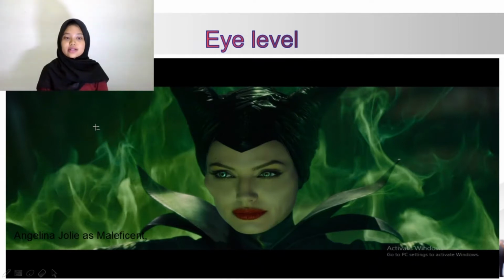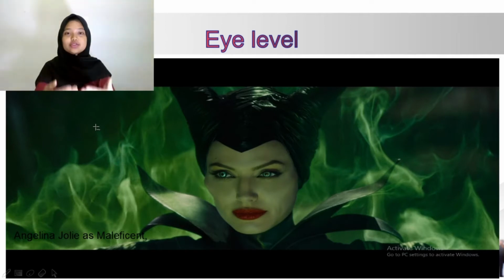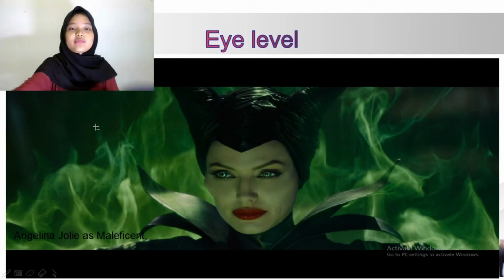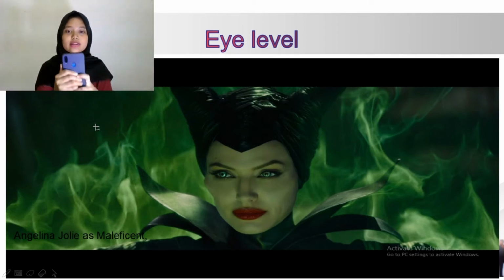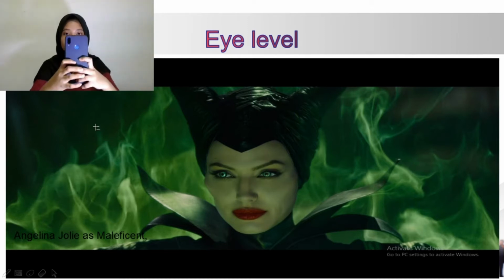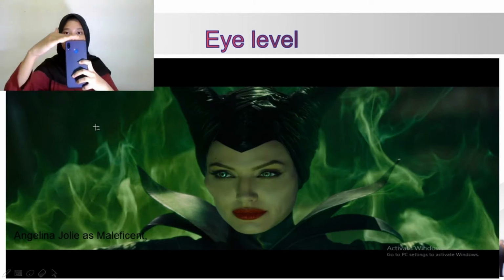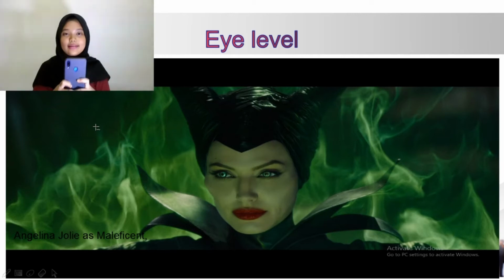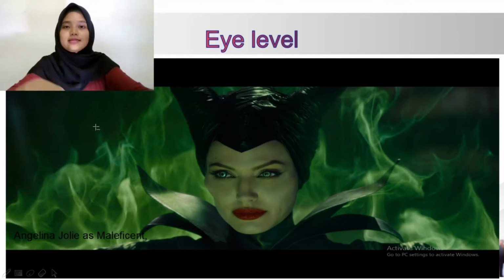An eye level angle or shot is the most common shot. As in our daily life, if we want to take a photo of our friends or of ourselves, we simply hold the camera and take the photo at eye level, like this, 1, 2, 3 and shoot.